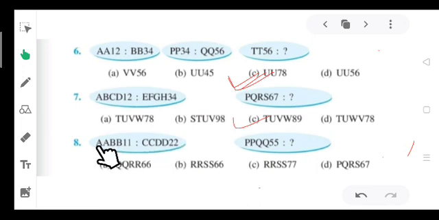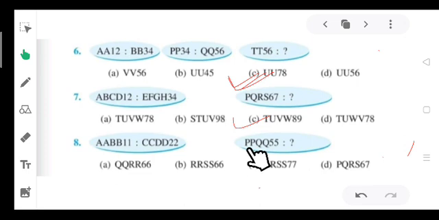You have observed that first letter, then third letter. First, again third. So we have skipped one letter in between. B, C skipped, then D. And in digits, first, then second. It means in alphabets we have skipped one letter, and in digits we have written the next digit, forward counting.